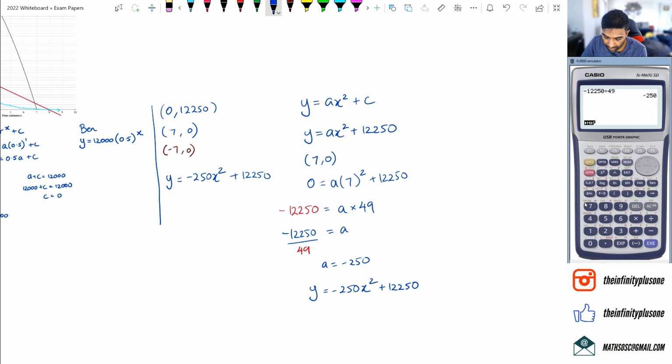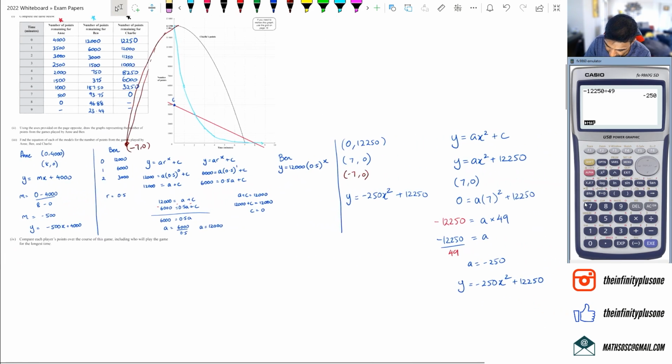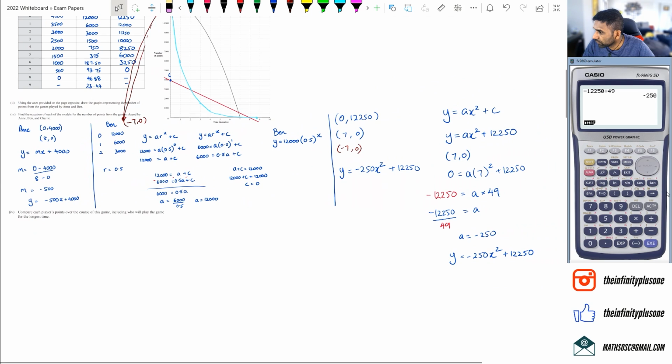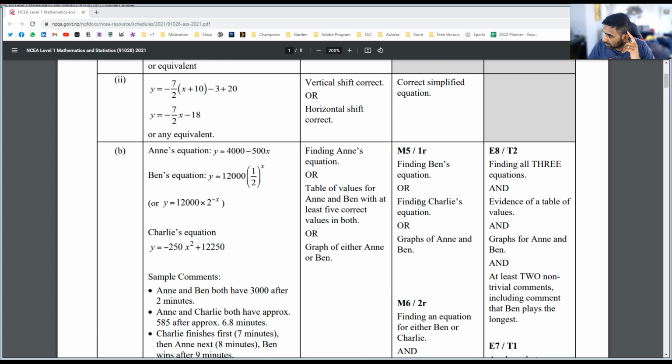So those are your 3 equations for Ann, Ben, and Charlie. I've got all of my 3 equations there. Now, if you find one of those equations, it's an or, so you could get a merit for finding one of those equations, like finding Ben's equation.